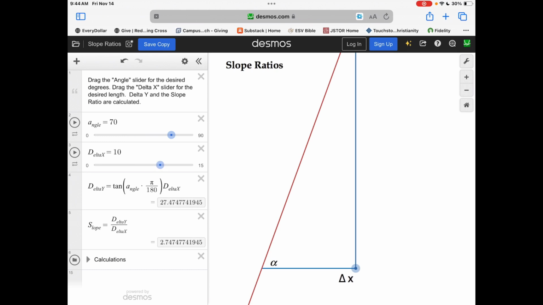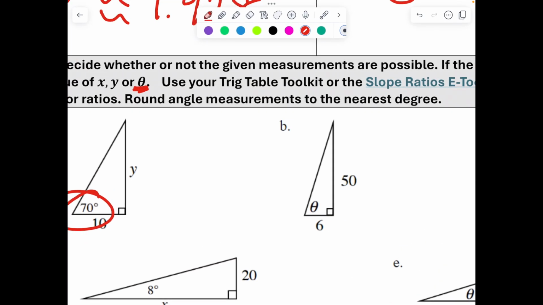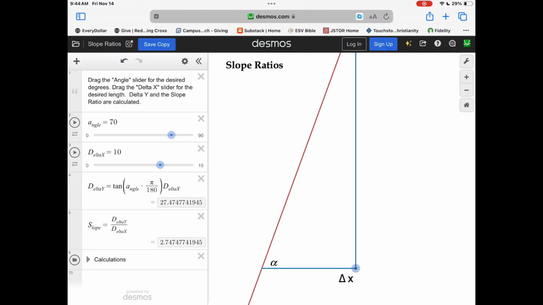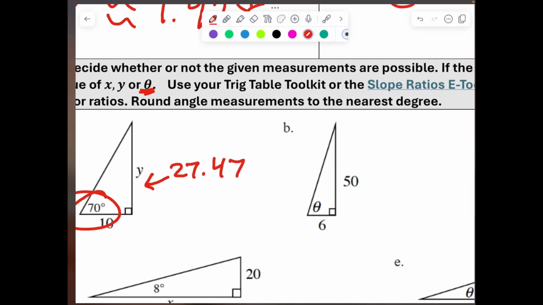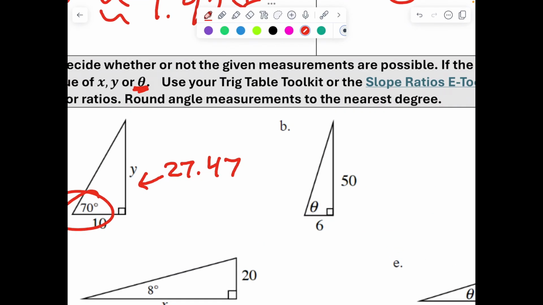All right, and then it shows us what our delta y is, 27.47. So that change in y is 27.47. And it also told us where it says the slope, that's 2.75 for 70 degrees. So what we can do is we can go back to our trig table.